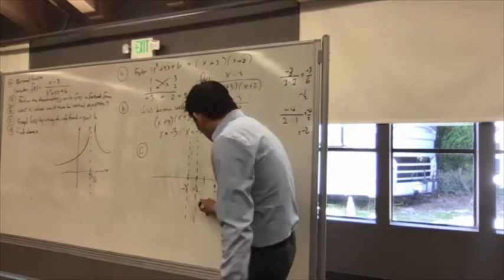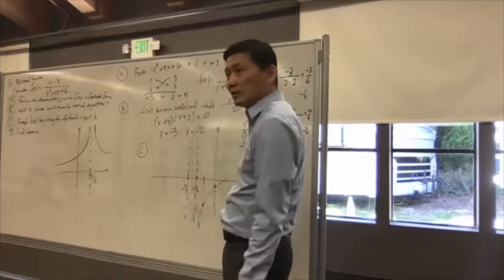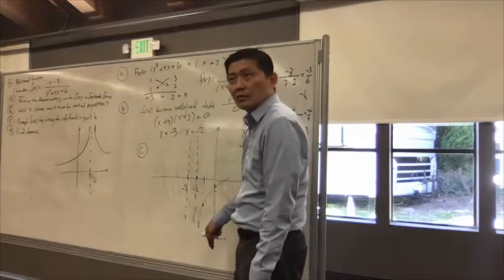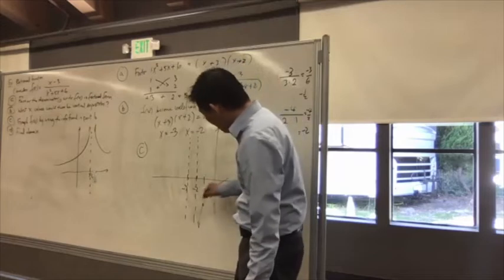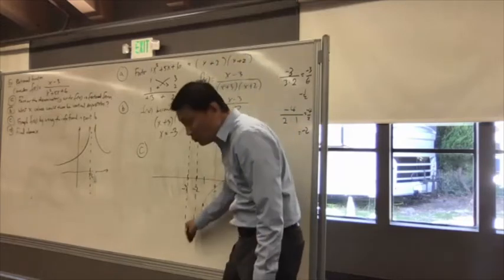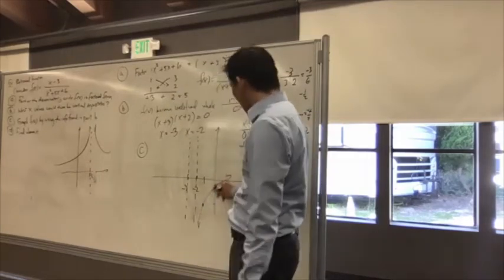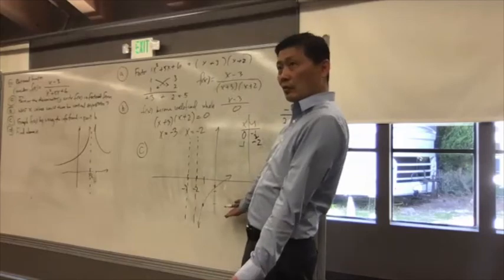So I got the point 1, negative 2. So I know this function is going to go down like this, because it can't ever touch the asymptote, so it has to fly really close to it and go down this way.